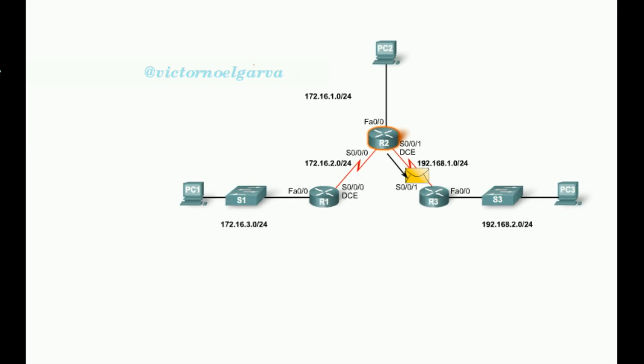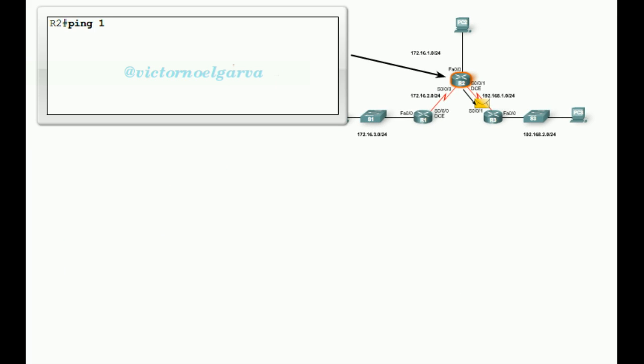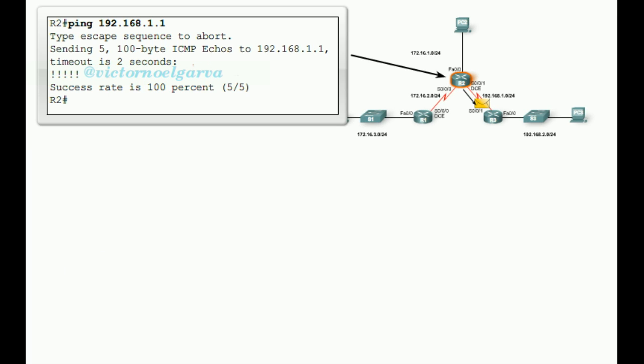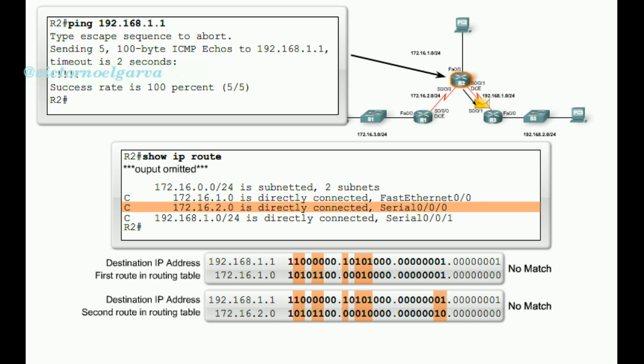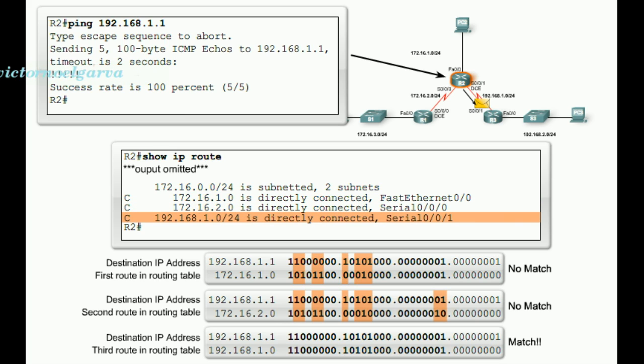The first two routes, 172.16.1.0/24 and 172.16.2.0/24, are rejected. But the last route, 192.168.1.0/24, matches the first 24 bits of the destination IP address.